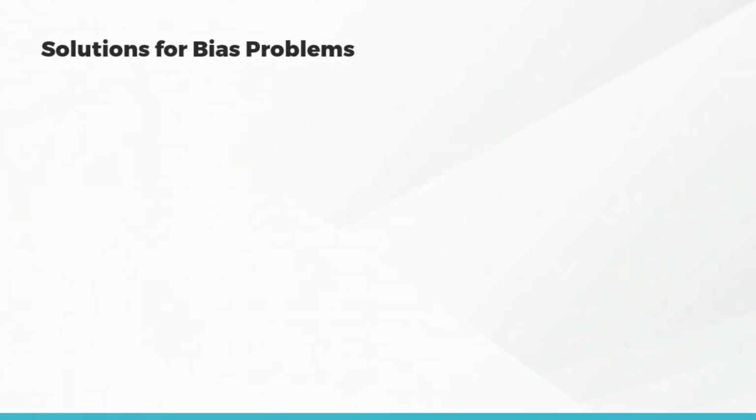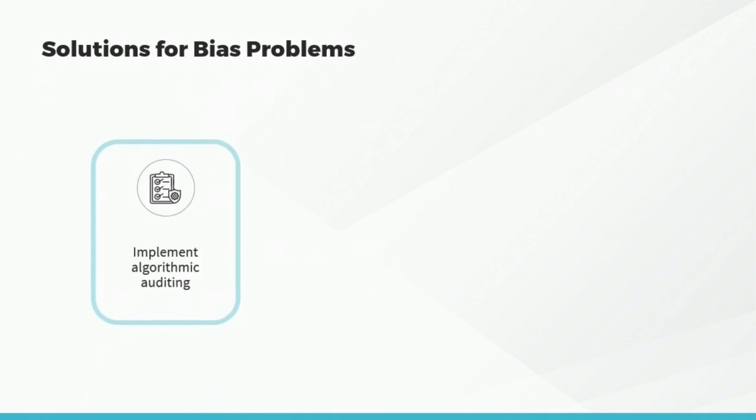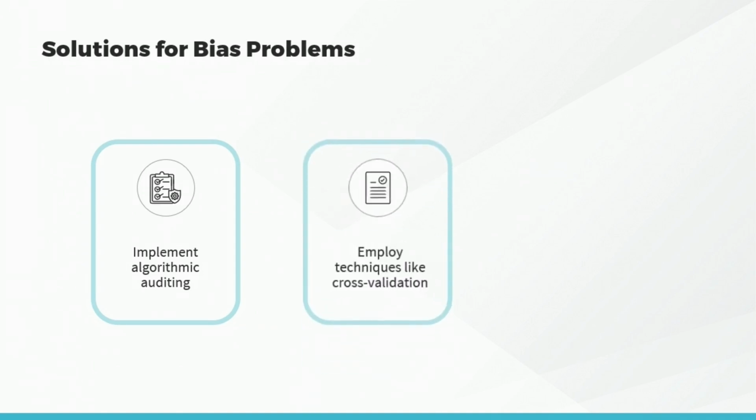Now, addressing bias problems in AI requires proactive measures that are aimed at detecting, mitigating, and preventing biased outcomes. Algorithmic auditing involves assessing AI systems for biases and fairness using rigorous evaluation methods and metrics to identify and rectify any discriminatory patterns or behaviors.